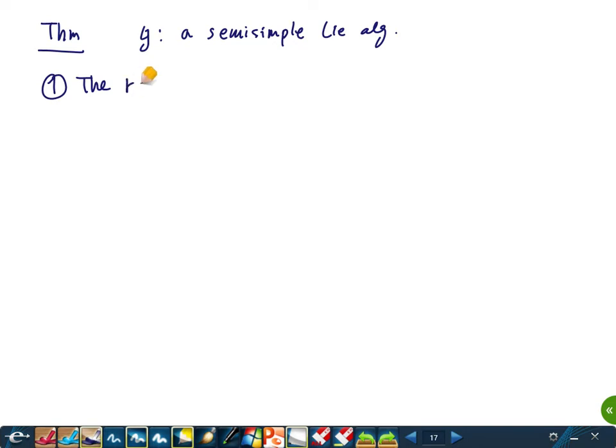The root system of G is unique up to isomorphism, of course. Because the root system was defined using the Cartan subalgebra, you have some choice for the Cartan subalgebra, but no matter what Cartan subalgebra you choose, you will always get the same root system up to isomorphism.